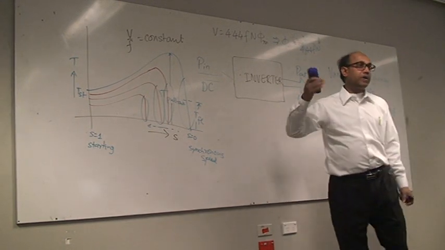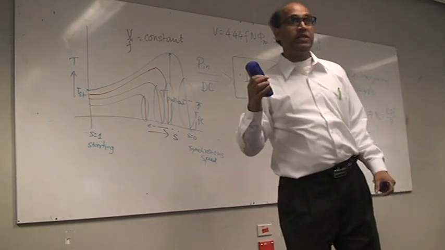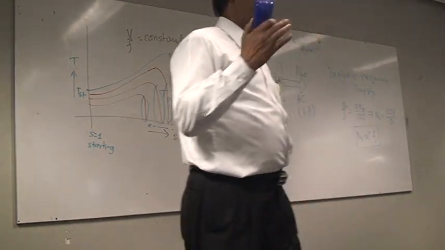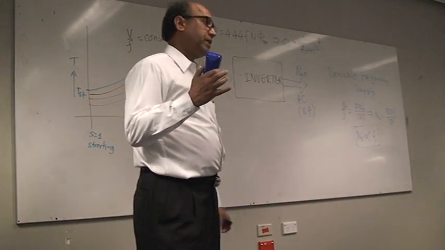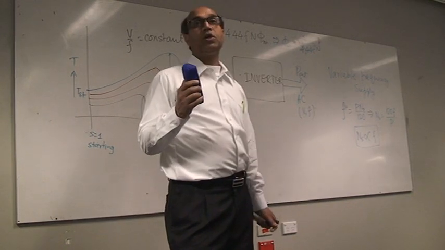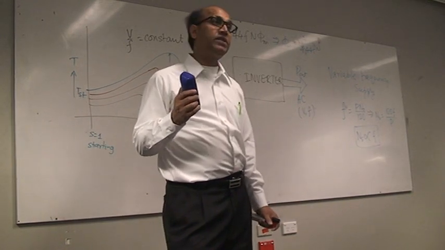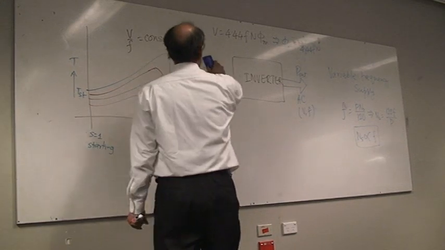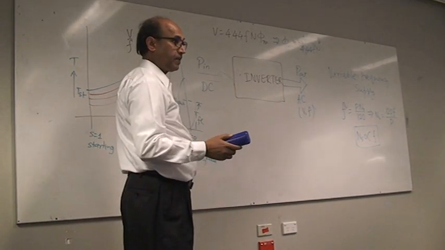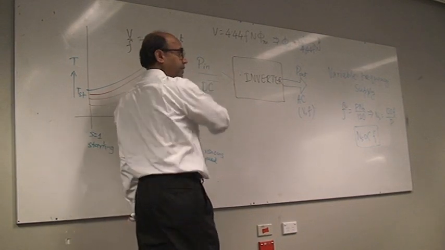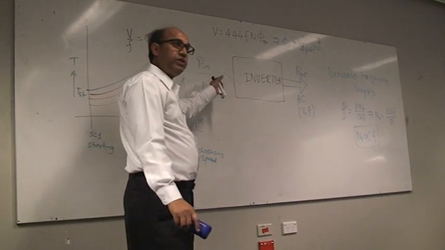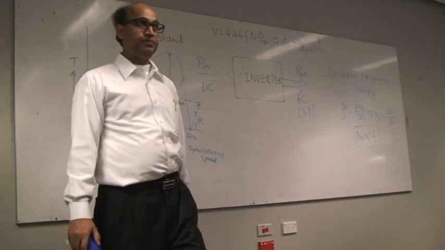When you think of running something continuously 24/7, 365 days, you need to have a continuous supply of power. And in this world, we get that in the form of alternating current. We do not get it in the form of DC current. So this DC actually is not pure DC. It's rectified AC. So we have alternating current, we rectify it, we make it into DC, and that DC is used.